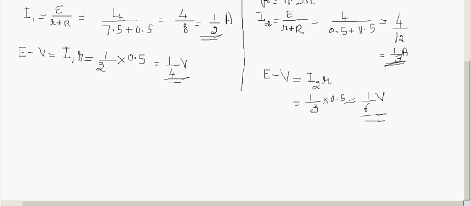The ratio is equal to I1 r divided by I2 r.